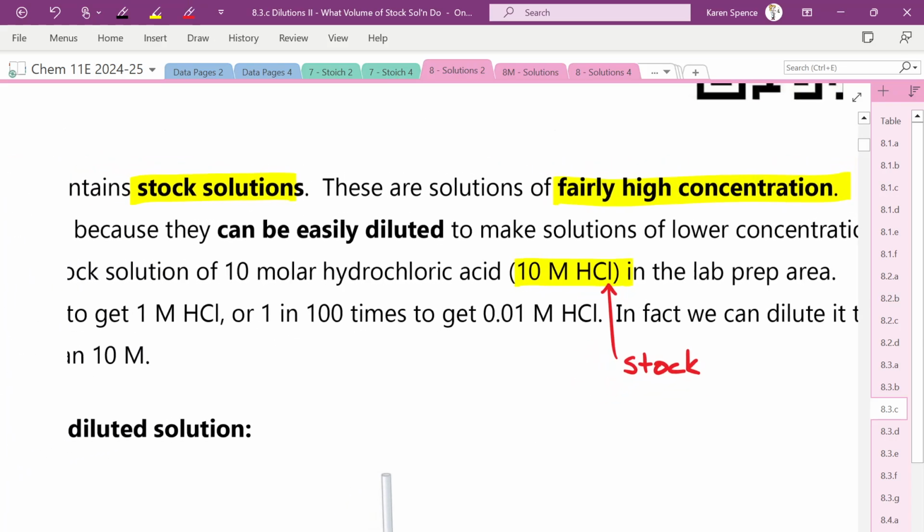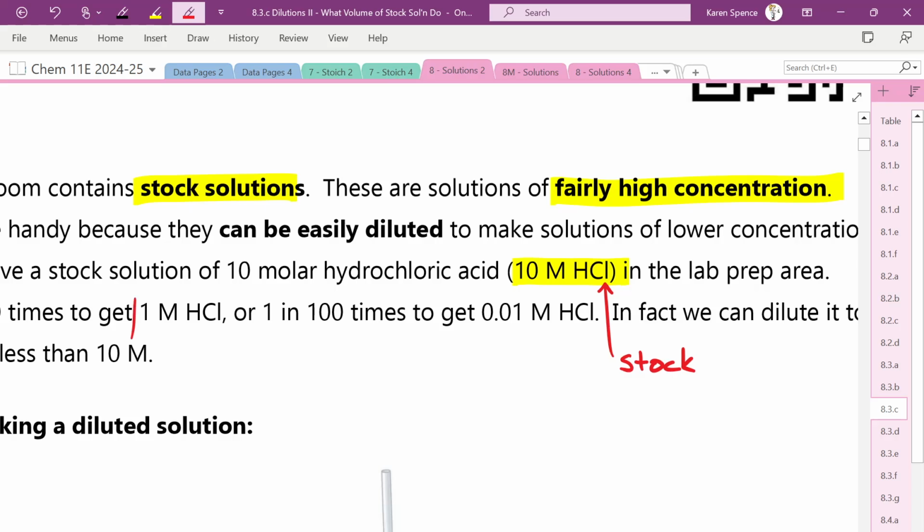And we might want a 1 molar concentration. What is the fraction of the concentration? If we're going from 10 molar to 1 molar, what is the fraction? 1/10. So basically, we would need to raise the volume to 10 times what it was.